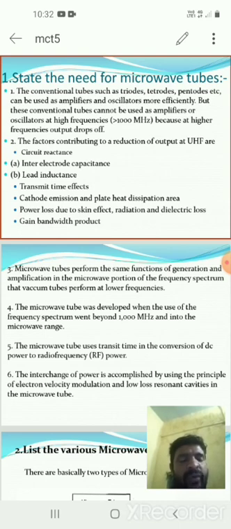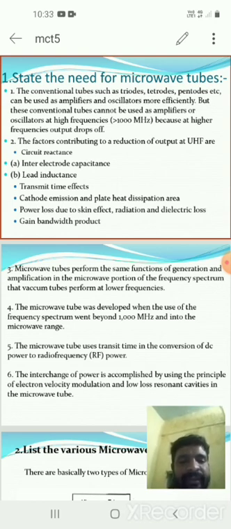Mainly, microwave tubes are developed for microwave frequency signals, that is above 1 GHz or 1000 MHz. These microwave tubes are affected by the factors of transit time, circuit reactance, gain bandwidth product, cathode emission and plate heat dissipation area, power loss due to skin effect, and radiation and dielectric losses.